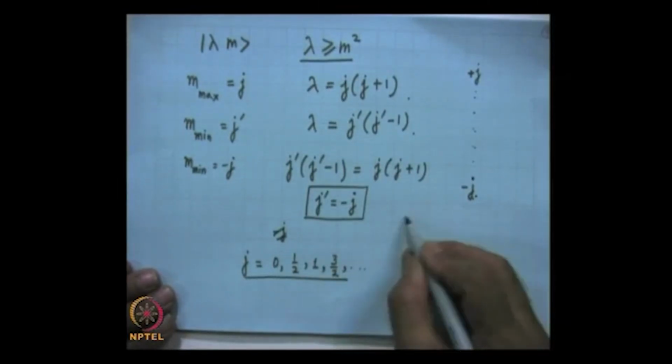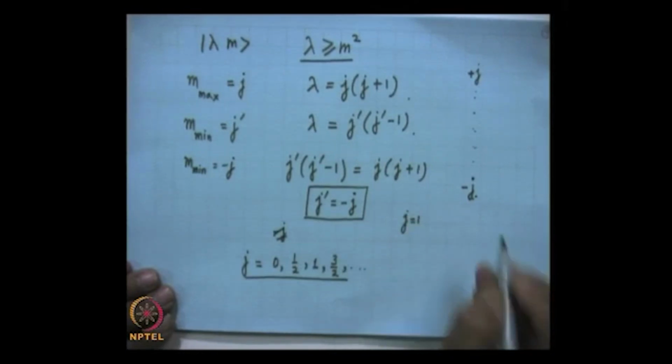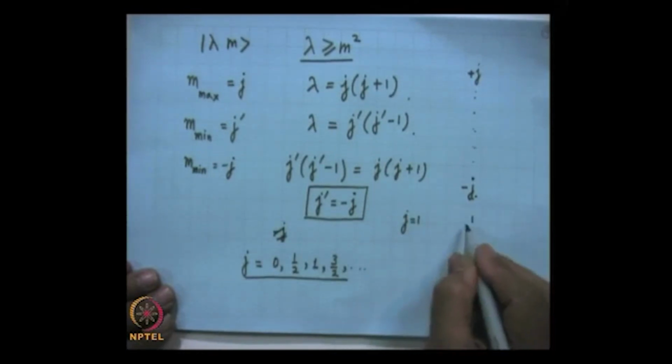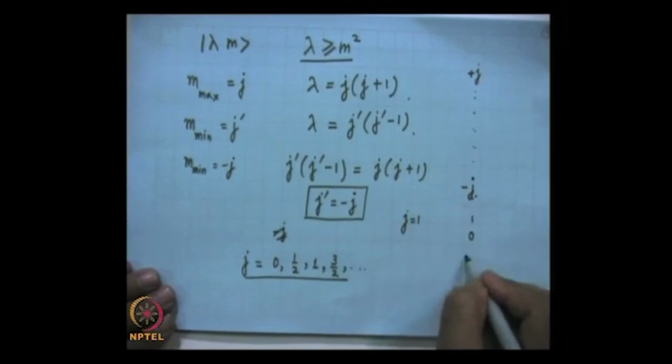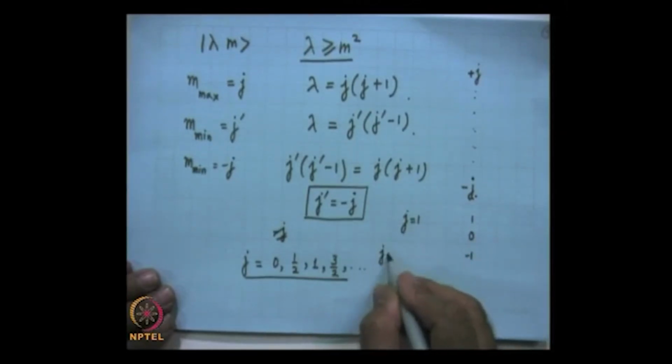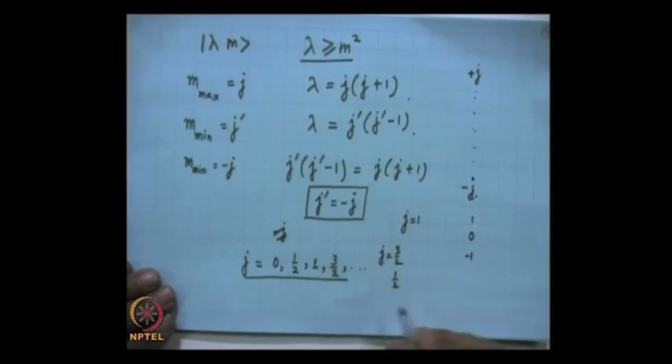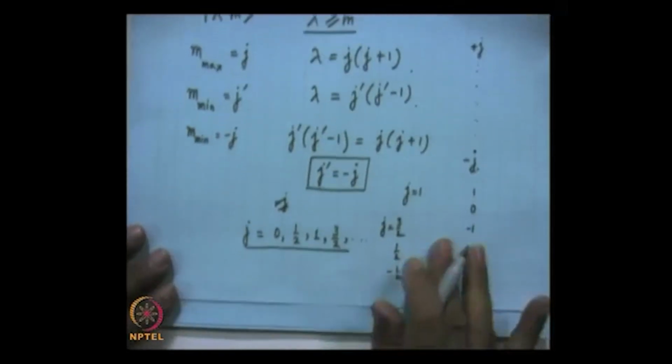So, if you have j is equal to 1, then you start with 1, you decrease by 1, 0, these are the m values. You start with j is equal to 3 by 2, so you have 3 by 2, half, minus half, and minus 3 by 2. Let us suppose I have j is equal to 7 by 3.